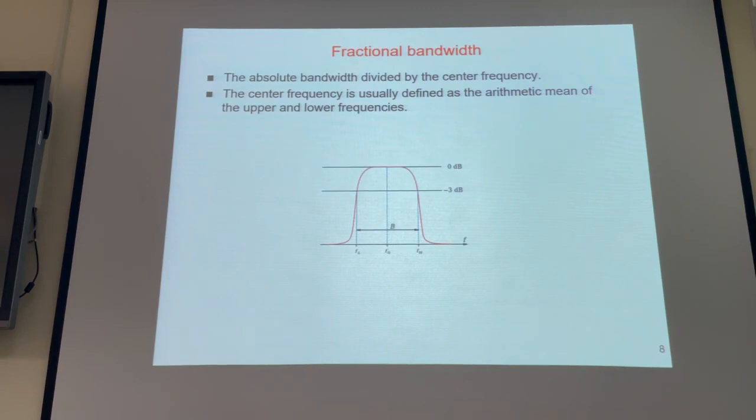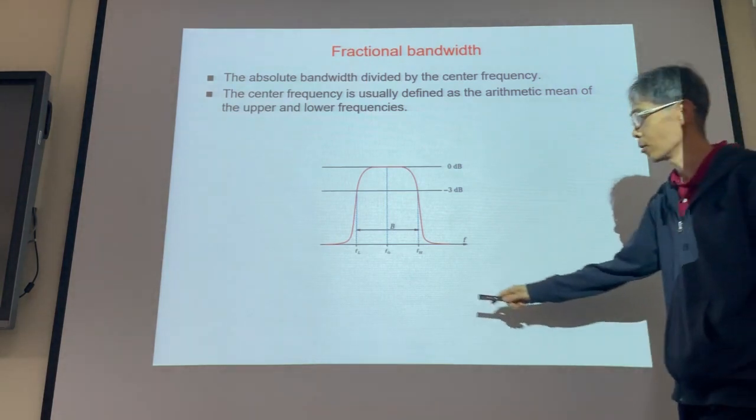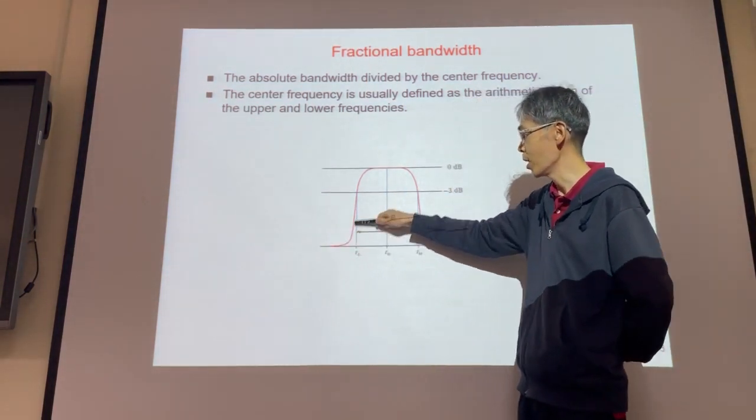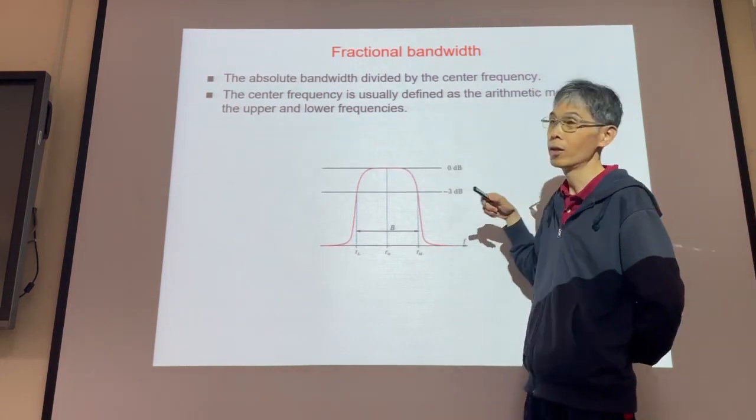Okay, for filters, like we have low pass, high pass, and band pass filters. For a high pass filter, at low frequency, no output; at high frequency, we have output.